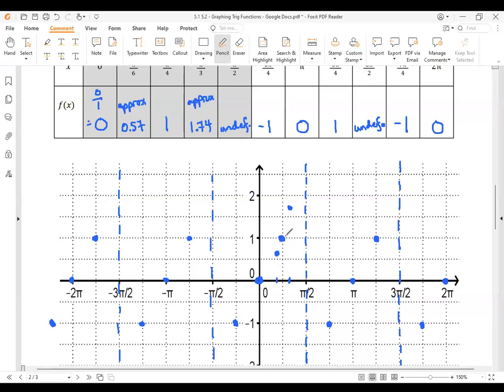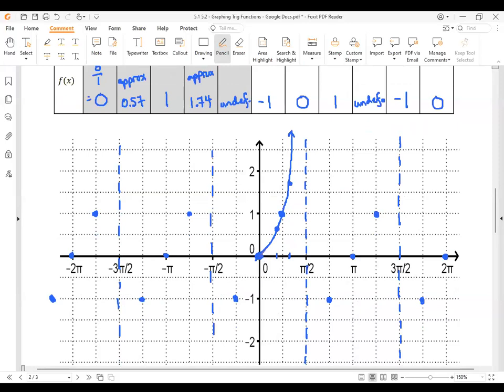Long story short, it's a little bit slow to pick up, but once it gets past the point of pi over 4, 1, it shoots up. It looks something like this. Sort of like a cubic. And if this point looks like that, you can bet it's going to repeat again and again.